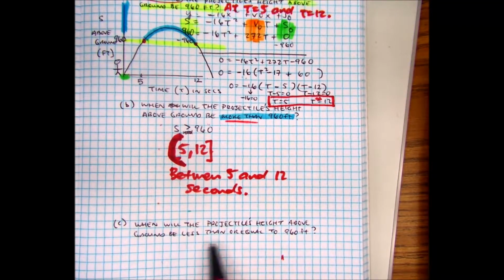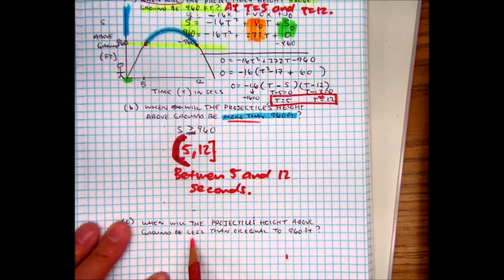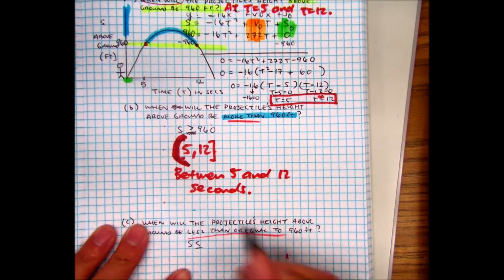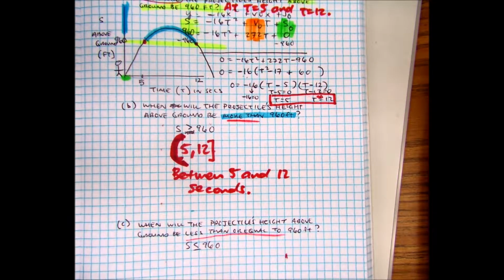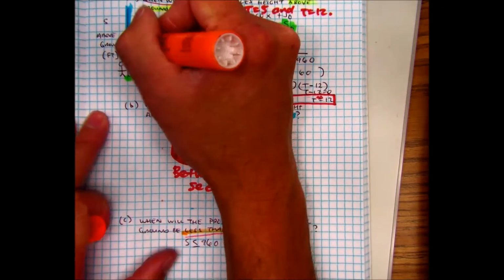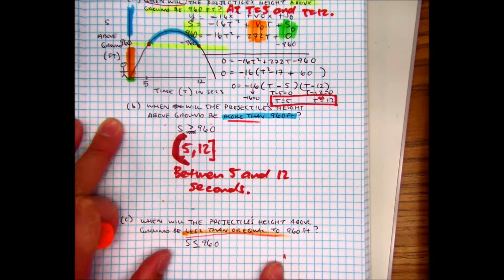C. When will the projectile's height above ground be less than or equal to, I see equals to now, well, if I do that in, what color have I not used yet? Let's do orange. Less than would be here in orange, right?